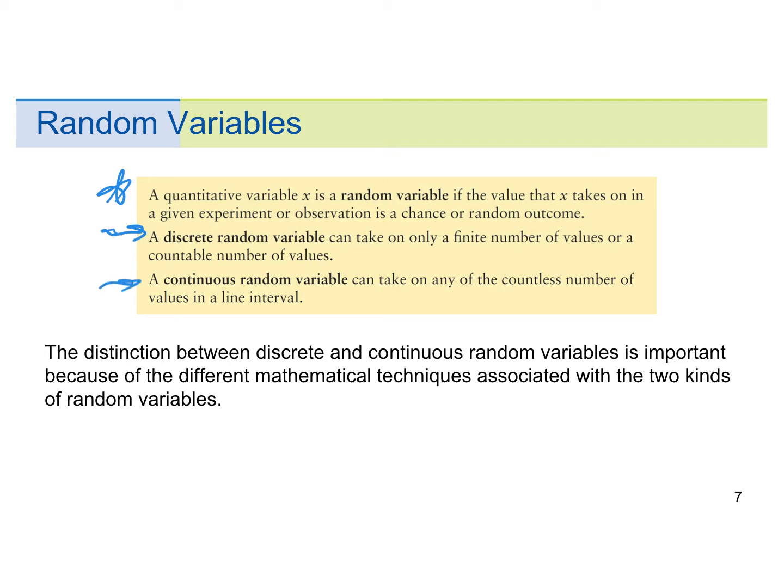A continuous variable, on the other hand, can take on any of the countless number of values in a line interval, okay? So we'll take a look at a couple of those. In a sense, discrete is going to be this whole number, and with a continuous, you can throw all these decimals out.